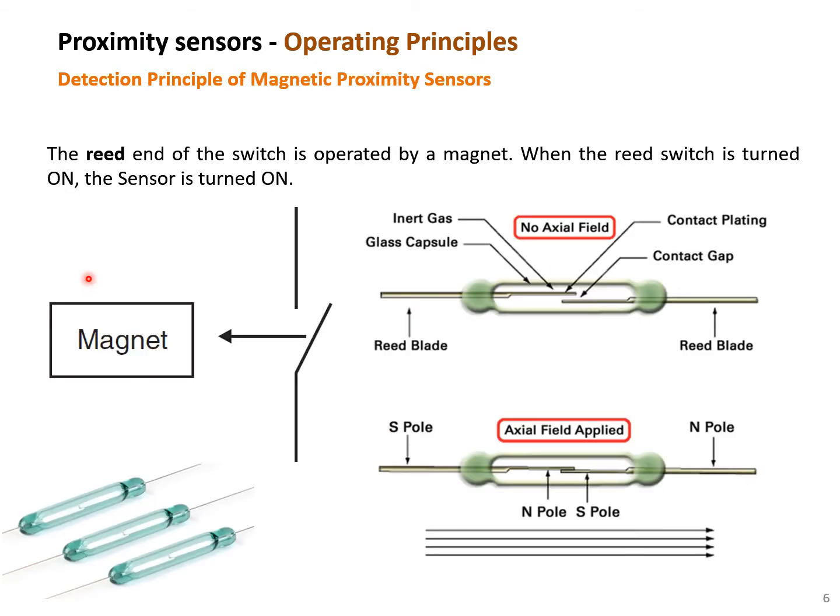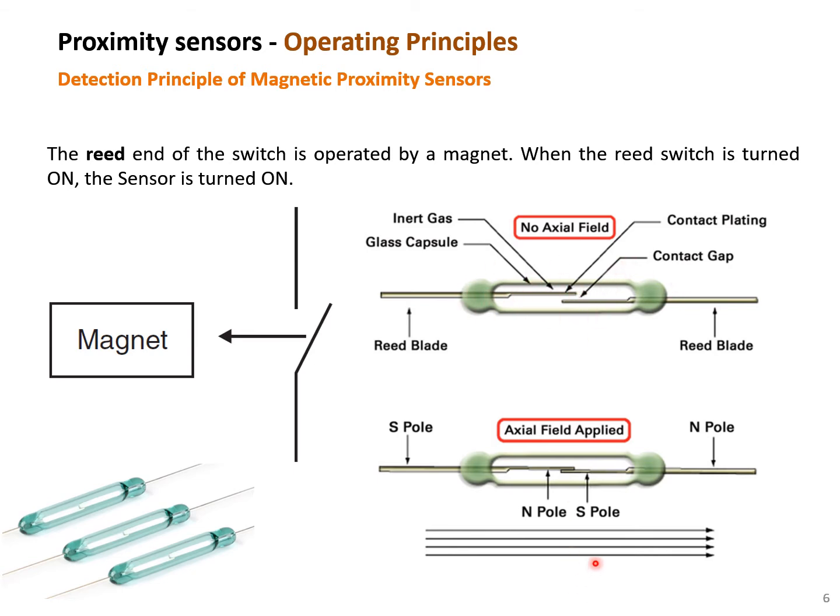The next type of proximity sensors are reed contact types. The reed switch is operated by a magnet. When the reed switch is turned on, the sensor is turned on. So you could see the real reed switch here, and inside we have two contacts, and there is a gap between these two contacts.